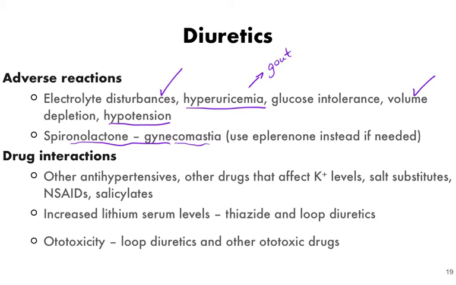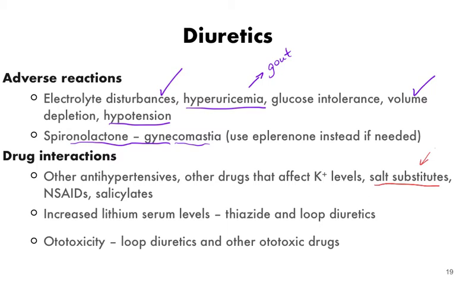Diuretics have a number of drug interactions, and usually they're things that also affect the way the kidneys function or affect potassium levels. One of the more insidious interactions that people often don't think about is salt substitutes. When we counsel a patient on reducing their salt intake as part of their lifestyle modifications with hypertension, patients are often told to try some salt substitutes in their diet.